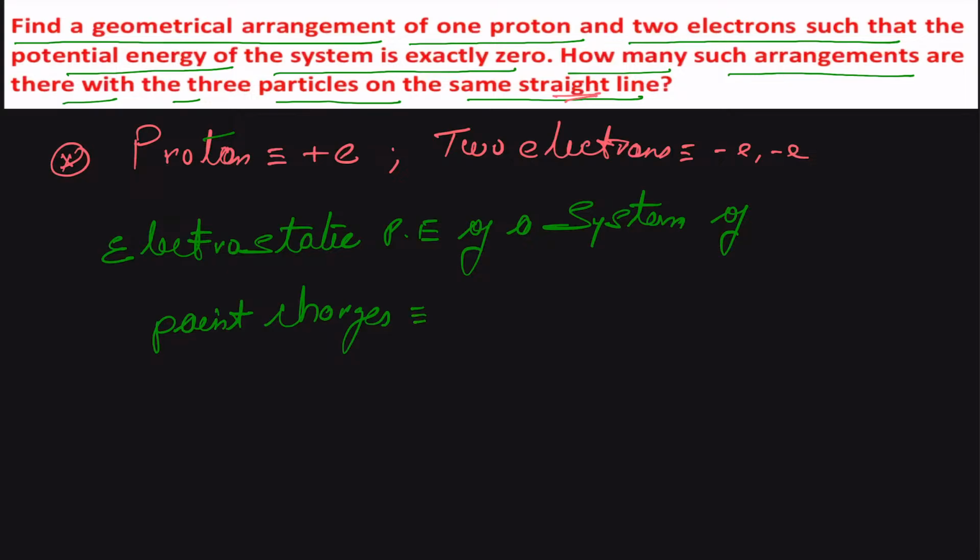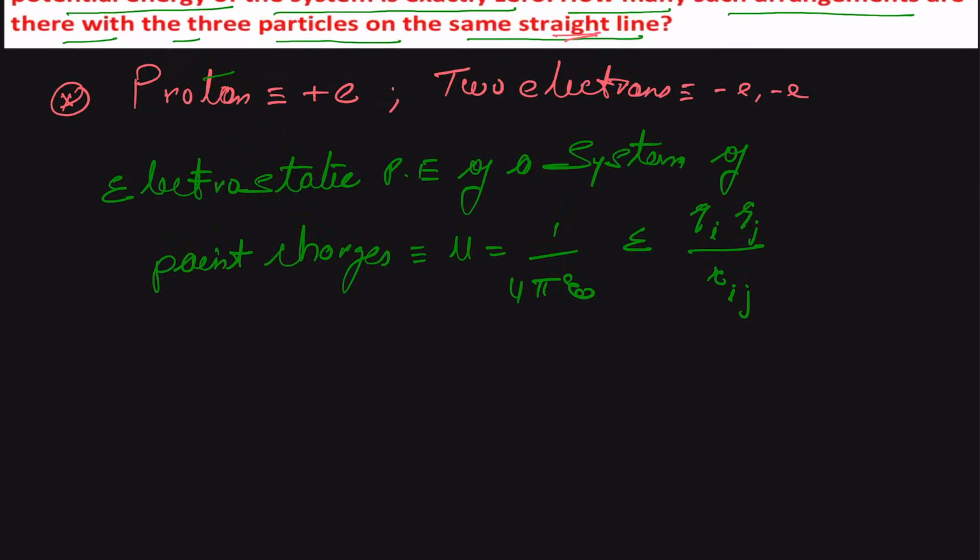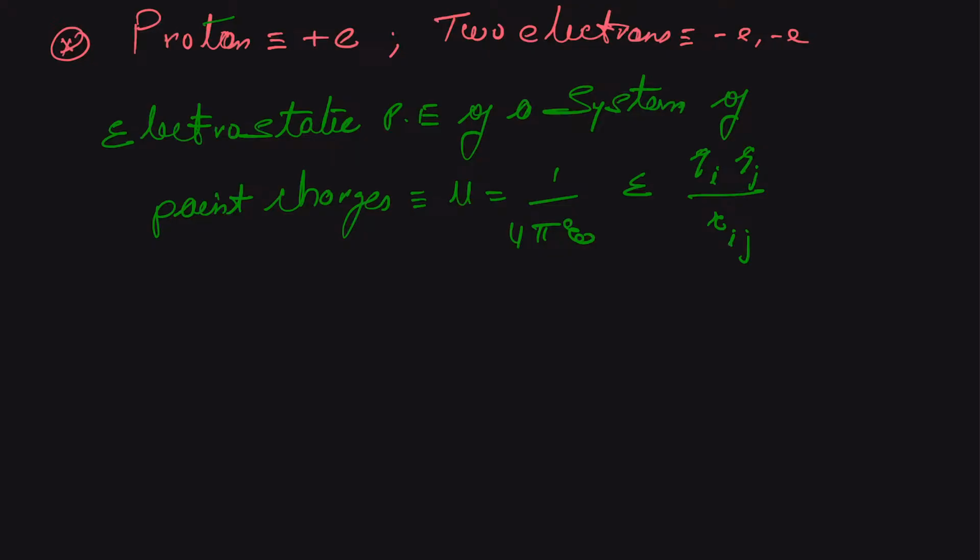So we can say that U is equal to 1 upon 4 pi epsilon naught, summation of q_i q_j over the distance between i and j. Okay, so this is the basic formula for electrostatic potential energy for a system of point charges, and we are going to use this formula.